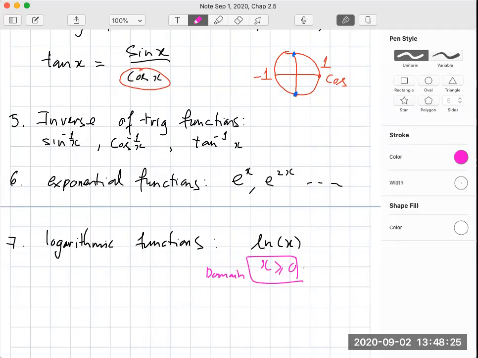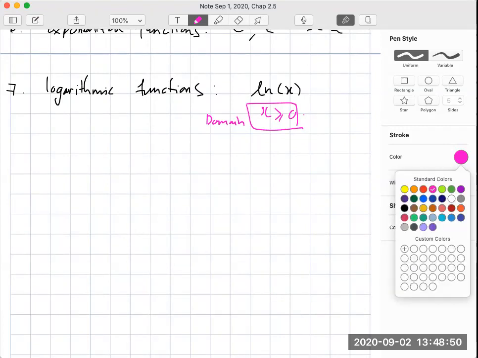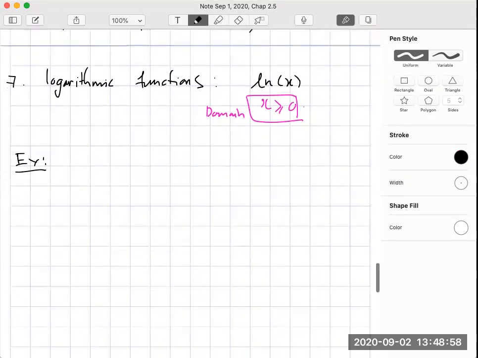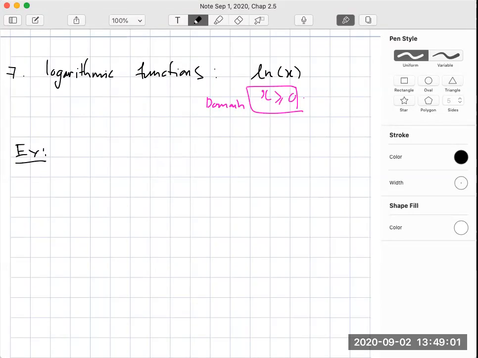Okay, remember all these properties and let us take a look at this example. Now, in this example, where is each of the following functions discontinuous? Discontinuous, remember the definition, right?